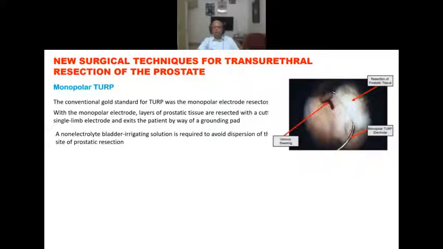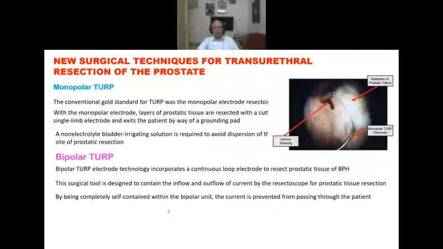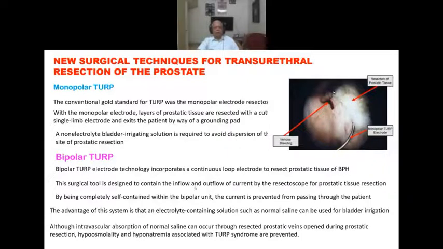Then came the bipolar TURP electrode, where it formed a loop, and then there is no need for any plate or pad to be applied to the patient. So that went into surgery and the resection was done.